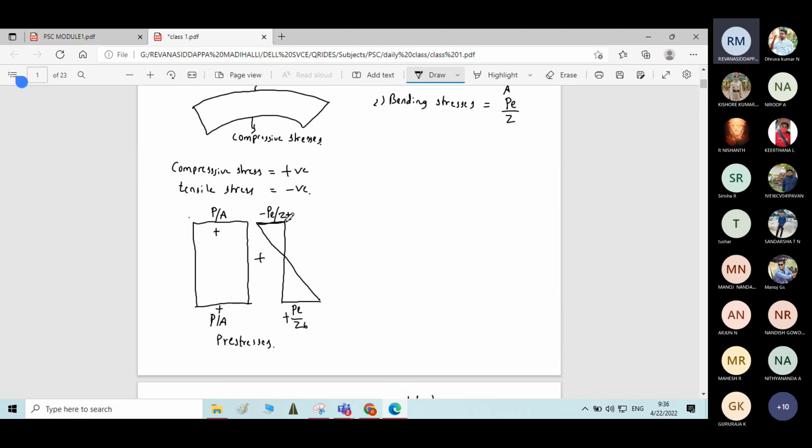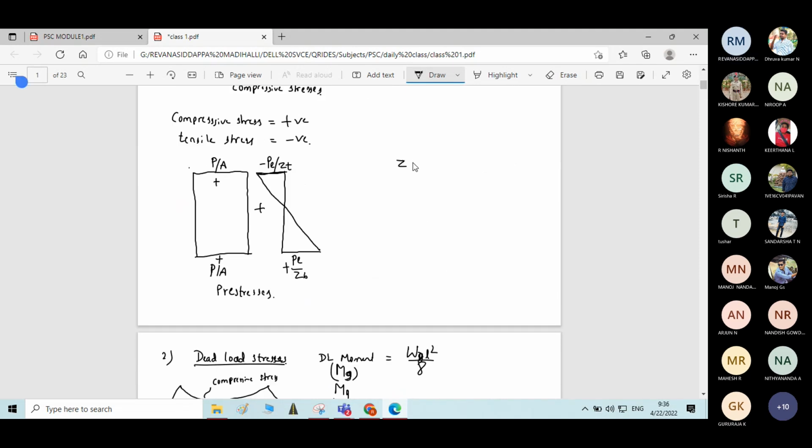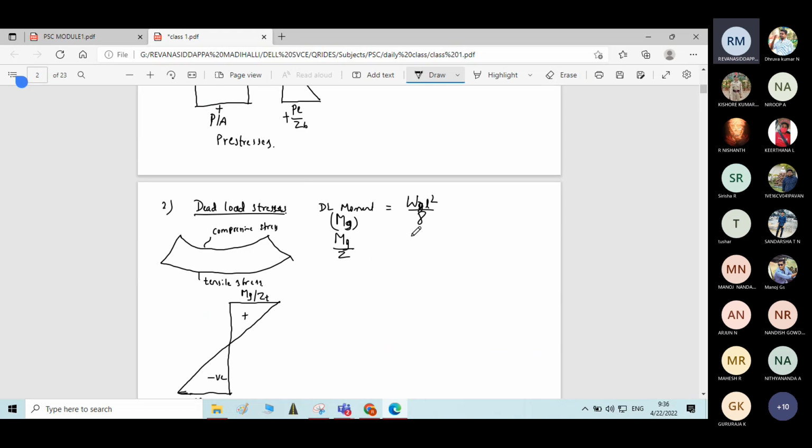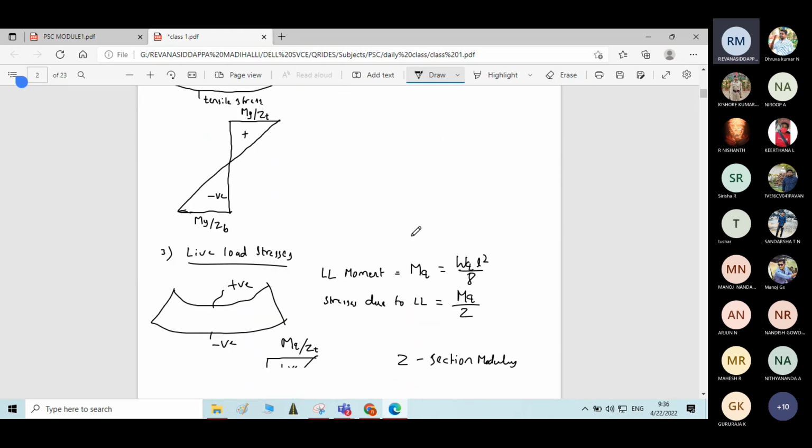For a rectangular beam, ZT is equal to ZB is equal to Z. Both values will be the same. But if a figure is not symmetric about the x-axis, then you will have different section modulus values with respect to the top fiber and the bottom fiber. While doing the actual numerical problems, you will understand it in a clear way.